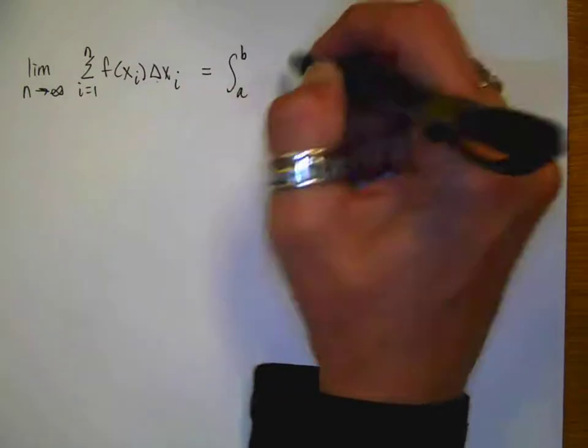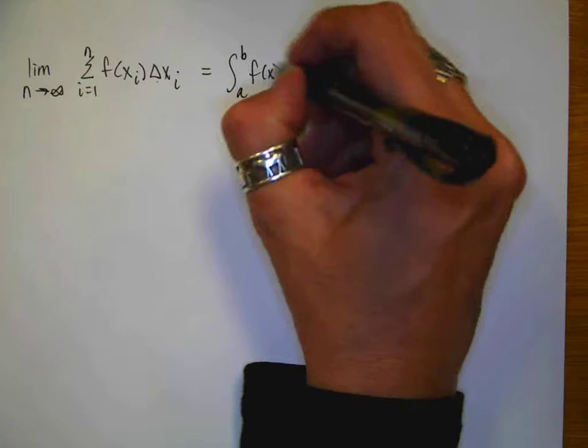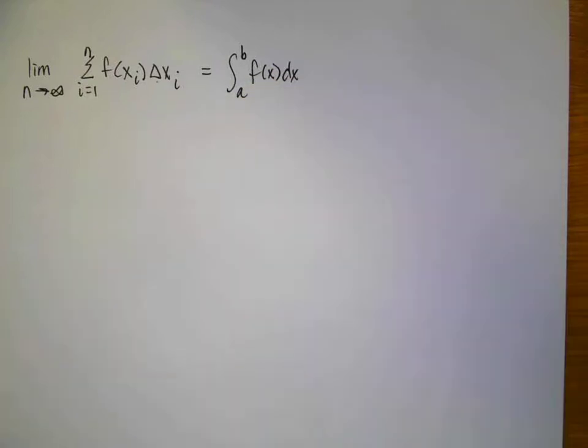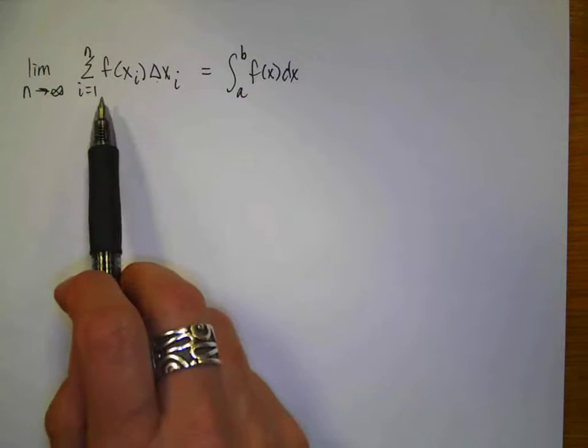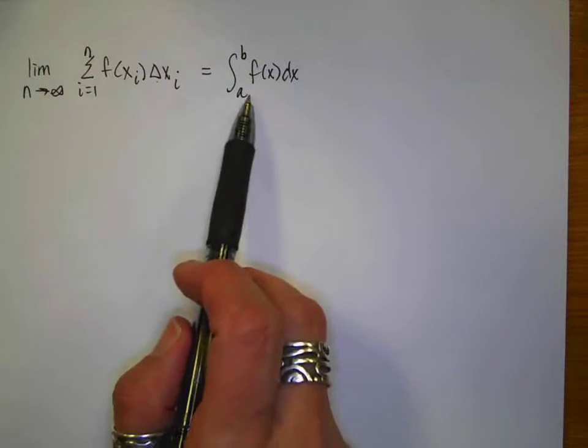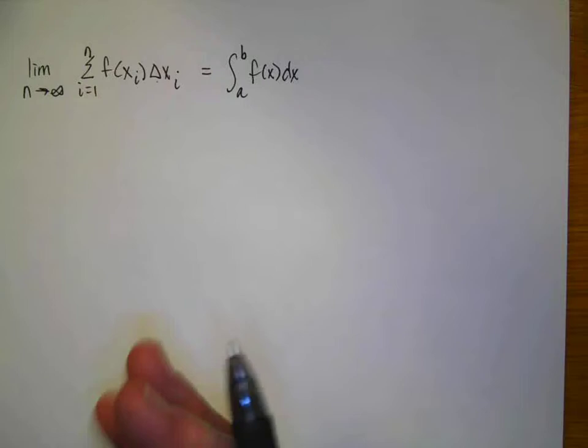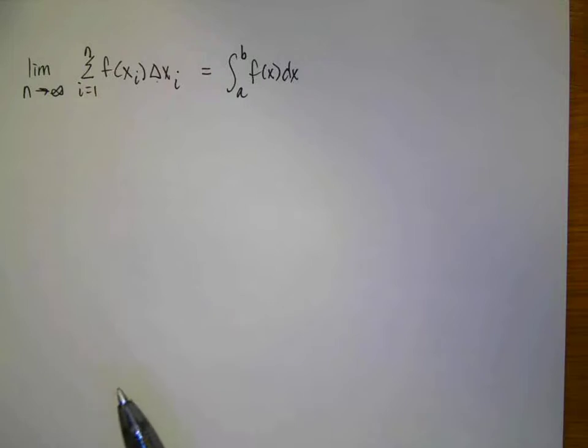This is the same thing as writing an integral from a to b of f of x dx. So both of those things do the same thing. This is obviously significantly harder, and in my opinion, this is a lot easier. But it gives us different ways to approach calculating the area under the curve.